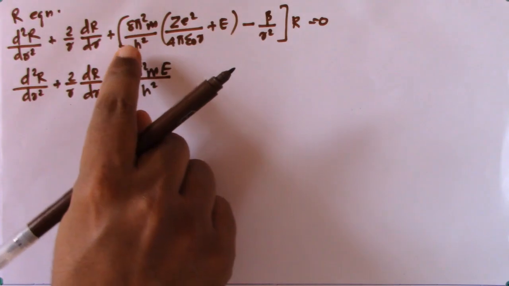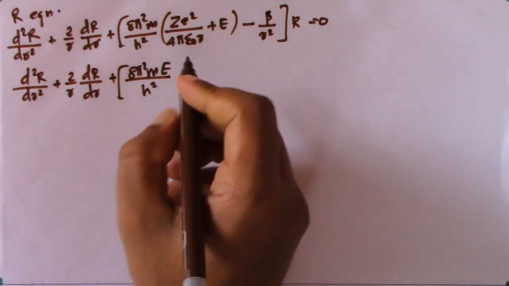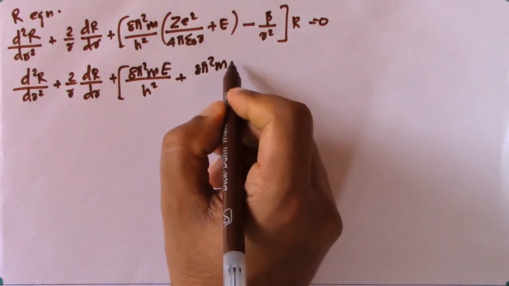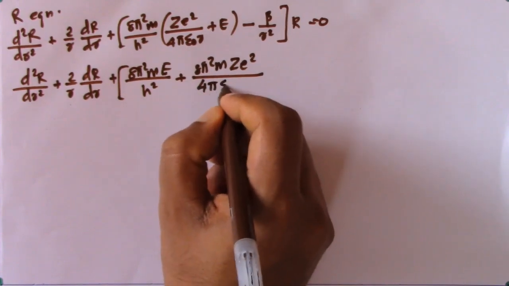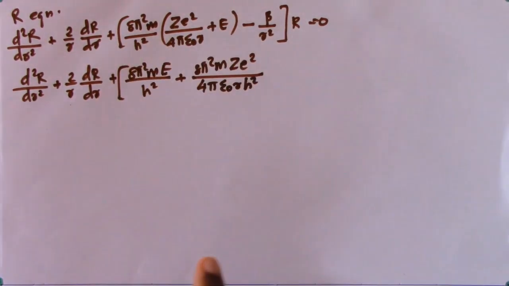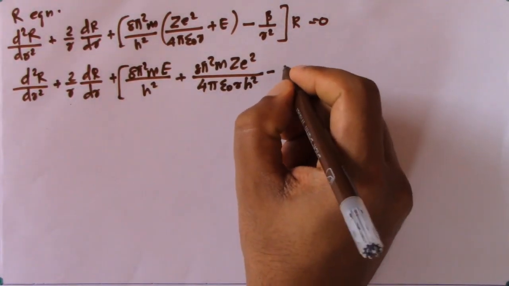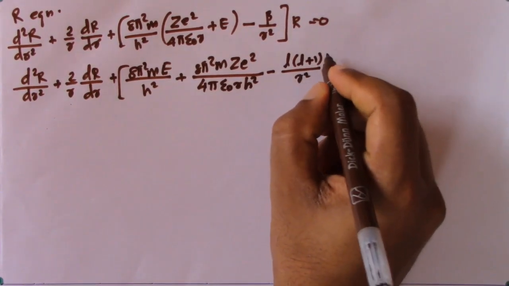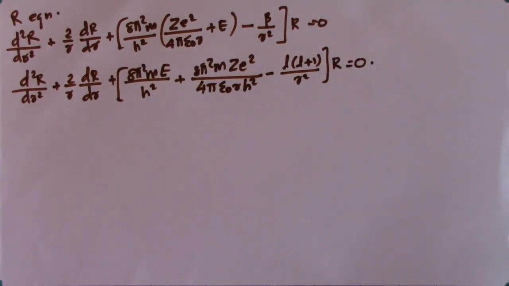What I did is that I multiplied this with the E, 8 pi square m E by h square, plus 8 pi square m z e square divided by 4 pi epsilon 0 r h square. I multiplied with this term, minus beta by r square. Beta is nothing but L into (L plus 1) divided by r square, all into R is equal to 0. That is our expanded equation.